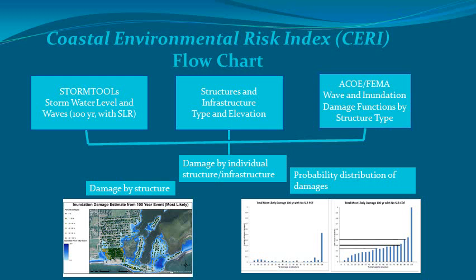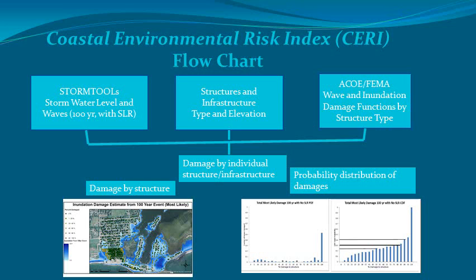And so when you start to put this together into a system, it starts to look something like this. We're going to have data coming out of storm tools. We're going to have structure and infrastructure data coming out of the E91 database, as well as other work that we're doing.